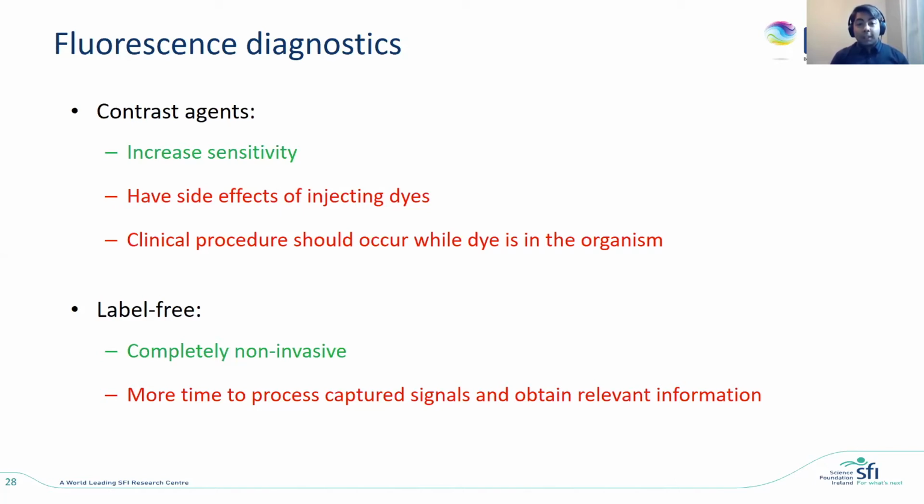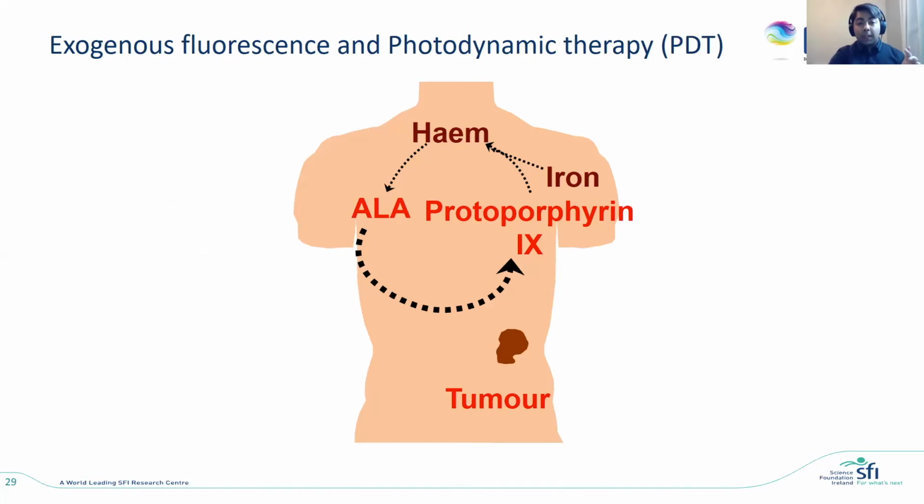So let's discuss a bit of these two. If we start with the ones using contrast agents, one of the most known is using ALA, the abbreviation for aminolevulinic acid. In this case, the fluorescence comes from another compound.